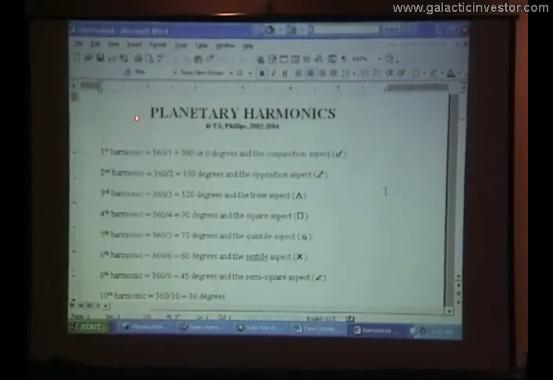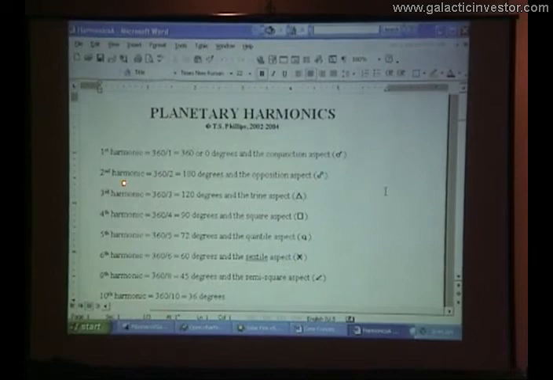I've listed the harmonics in order of strength from strongest to weakest, and this is based on the division of the circle. If you think about it, a conjunction is going to happen a lot less frequently compared to any of the other aspects.